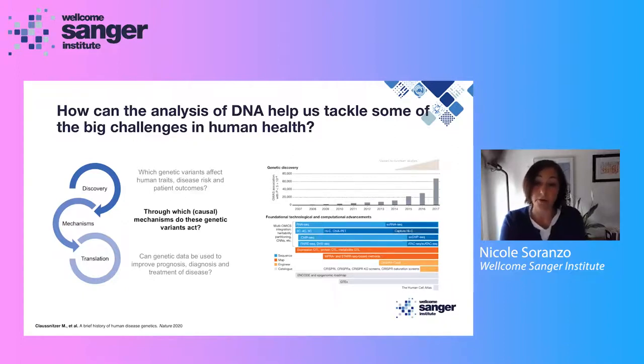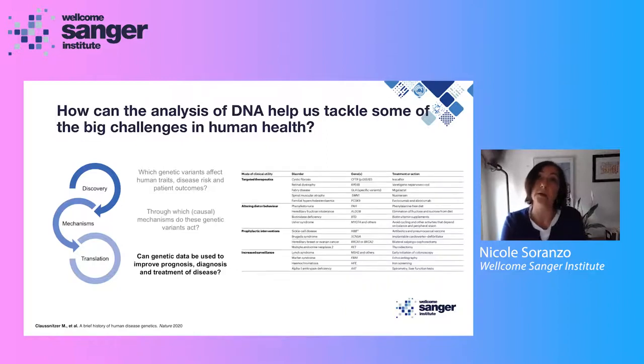And although we have available a growing and really sophisticated array of genomic technologies, our ability to use this toolbox to really advance understanding of the mechanistic basis of genetic variation is still relatively limited, because these processes are highly complex and painstaking. And the third big challenge is to harness the wealth of genetic information to really improve prognosis, diagnosis, and treatment of disease.